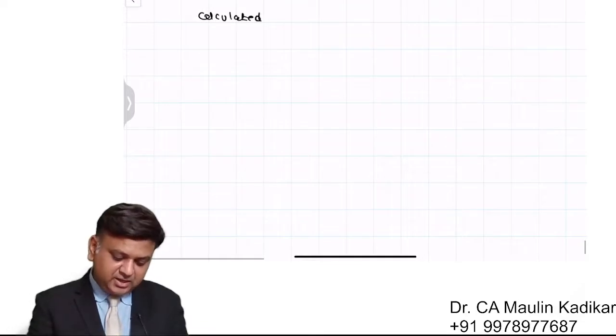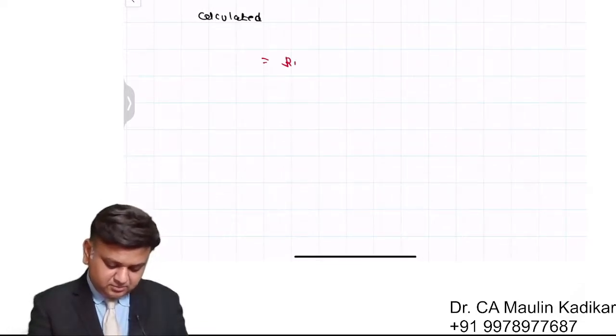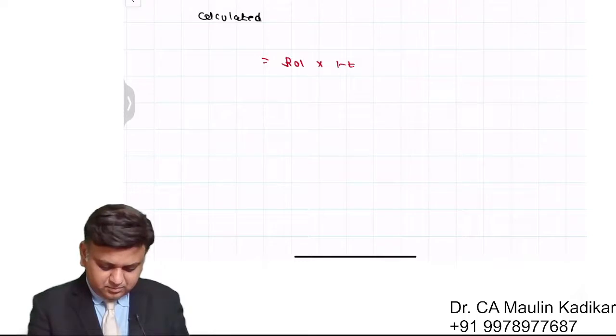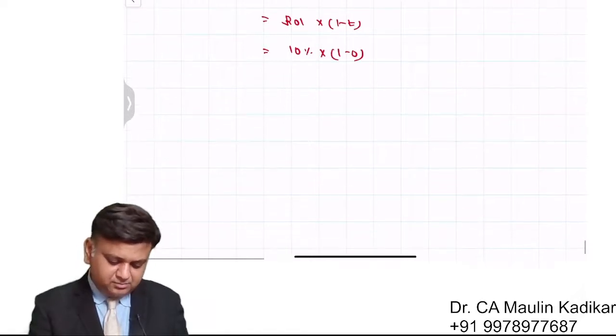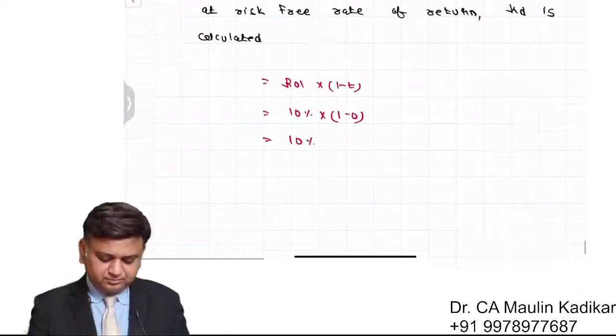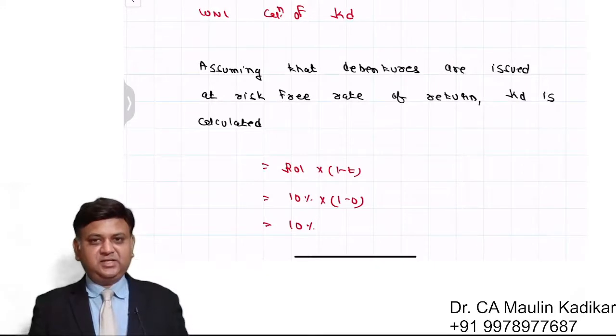So it is ROI into 1 minus T. Rate of interest is 10. Income tax rate is 0. So cost of debt financing is 10.